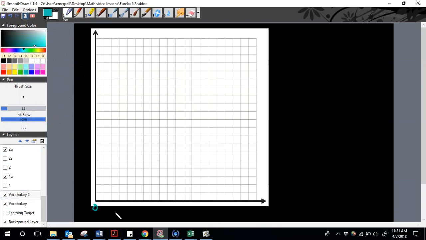If I'm making this number line, let's say I want to skip count. Every whole number is going to be 2 lines. So I'll go 1, 2, 3, 4, 5. So I would know that each of these little marks is 1/2. 1, 3 halves, 2, so on and so forth.